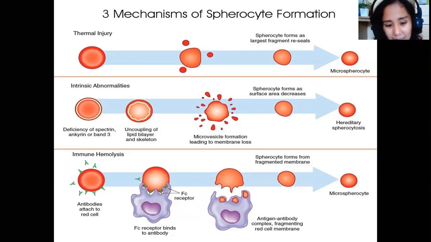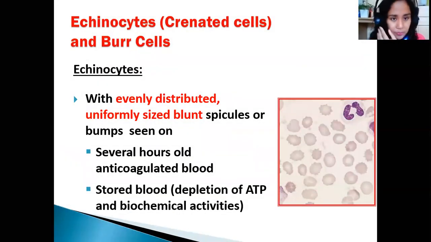This macrophage bites the sides of your red blood cell, but does not fully engulf it. They just bite a portion, and apparently it reseals again. The largest fragment reseals, like in the thermal injury, and it becomes circular. Good job, guys.